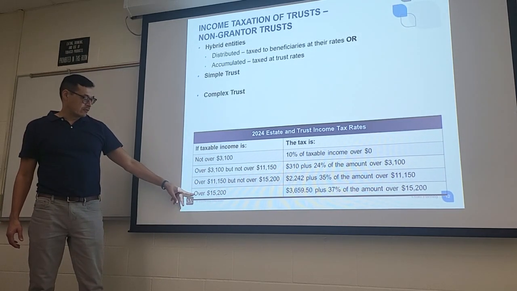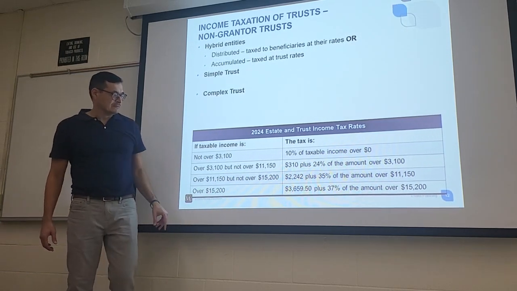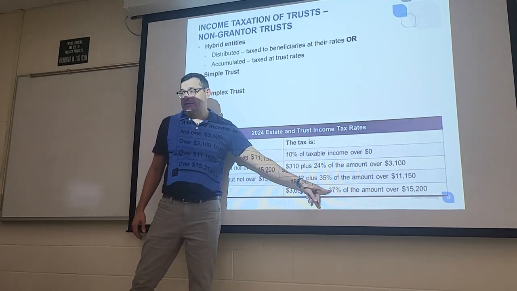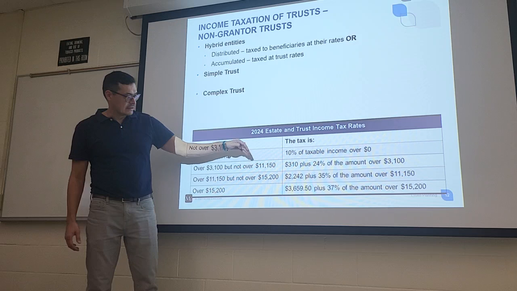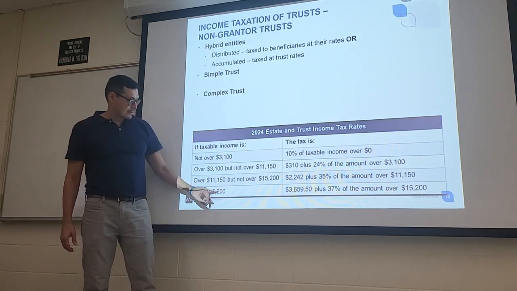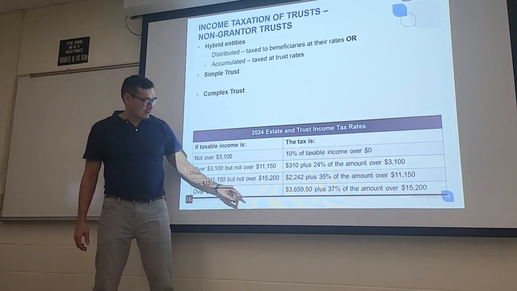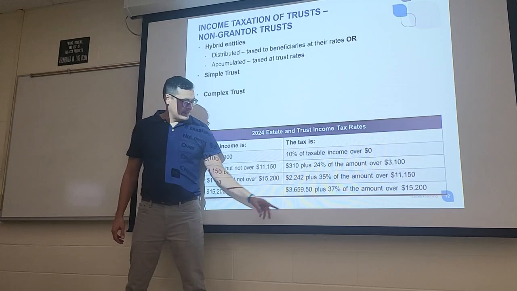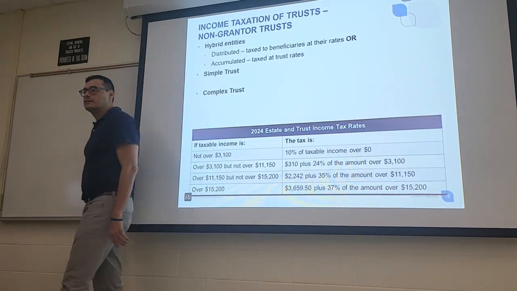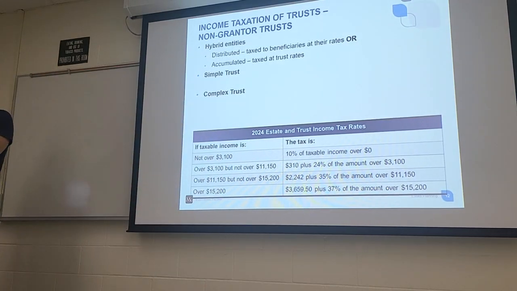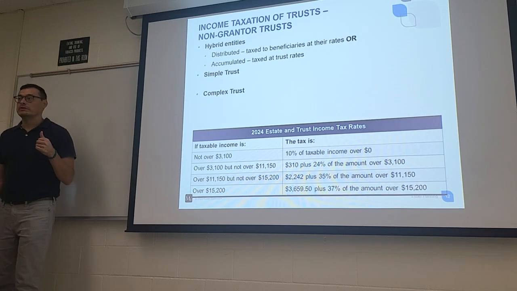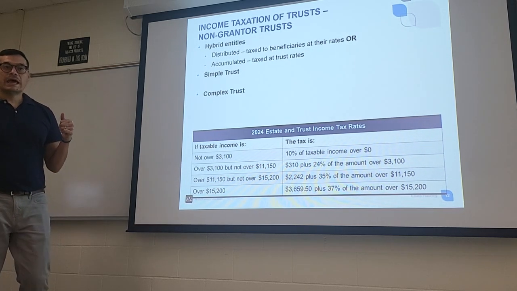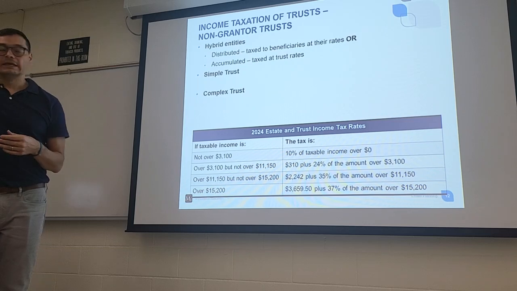Anything for 2024 over $15,200 is taxed at 37%. Okay, in addition to this, okay, this is exactly like the gift tax kind of feeds in. Okay, this is the tax on 15.2, which would be this due, and then anything over that is 37%. So you can see that these are much higher marginal tax rates than would be if you were at the marginal tax rate for personal income tax.